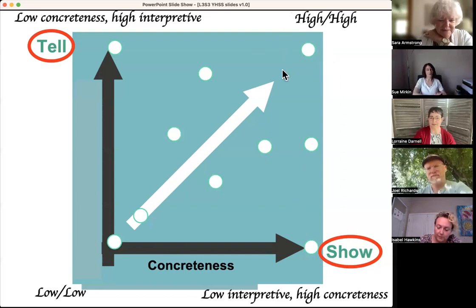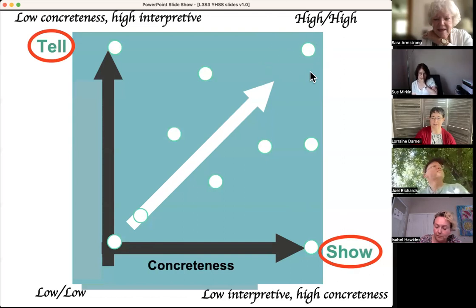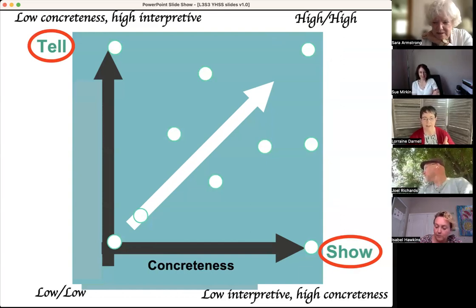Now we have to ask: is it high or low in interpretive language? Say this thing again. The witch climbed up the tower and grabbed Rapunzel. So this took the word "climbed." Is that interpretive at all or not?